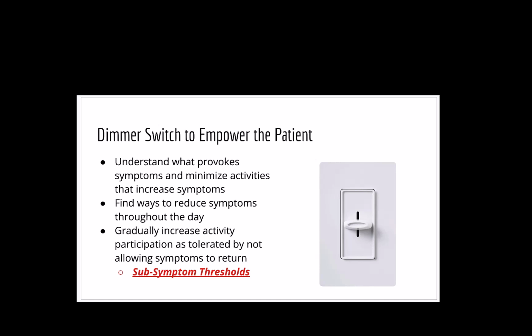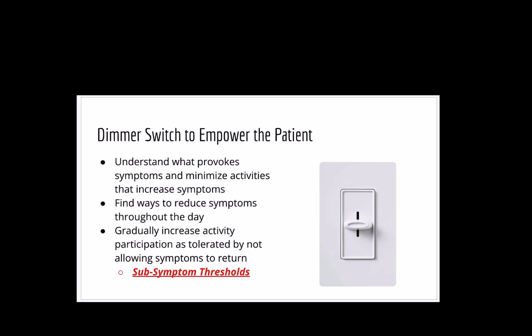So there's a little bit of give and take with regards to subsymptom thresholds. There are some people that interpret that literally. You can't have any increase in overall symptoms. I think that's a little strict. I've had some doctors be more along the lines of greater than 2.